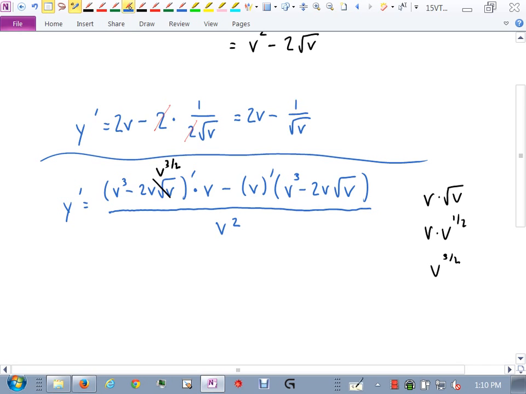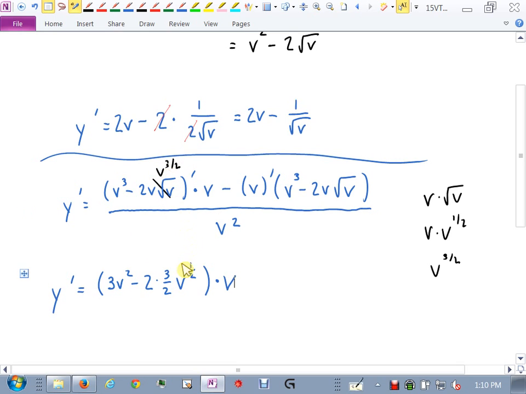So let me try this derivative. It's going to be ugly, but it's 3v squared minus 2 times, now the 3/2 comes out, v to the 1/2. All of that times v. Any questions there? -2 stays. 3/2 comes out.